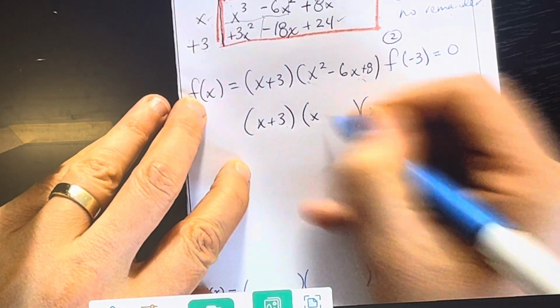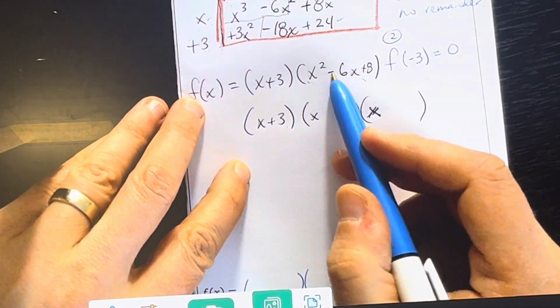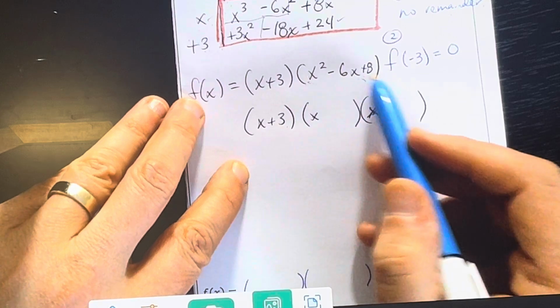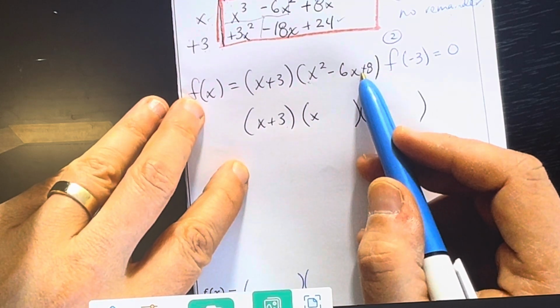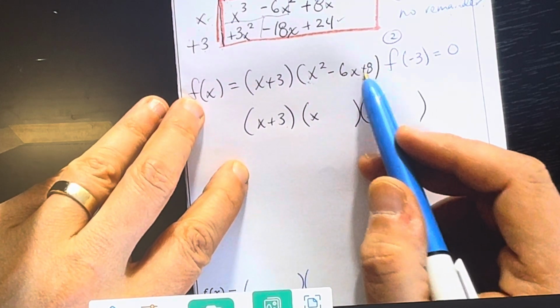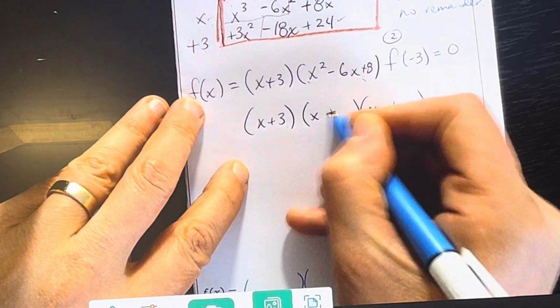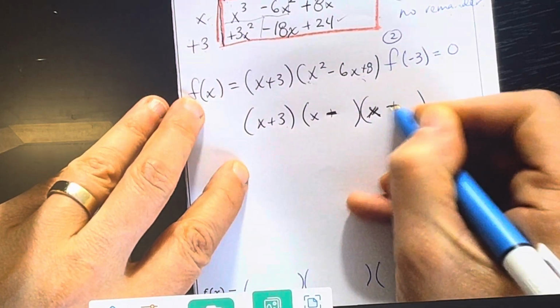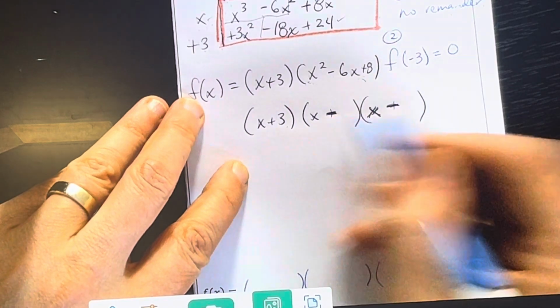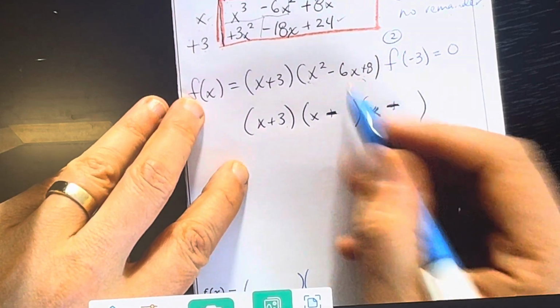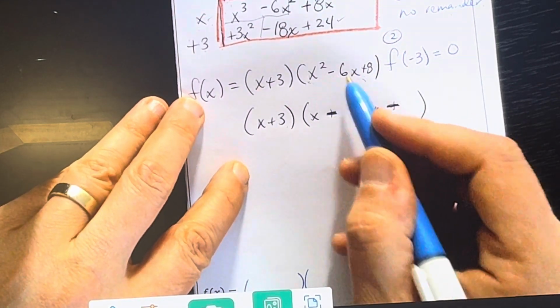Okay, now the b term is negative, but the c term is positive. So to get a positive c term, this is either going to be plus plus, or it's going to be minus minus. In this case, minus minus, because our total amount of x needs to be negative 6x.